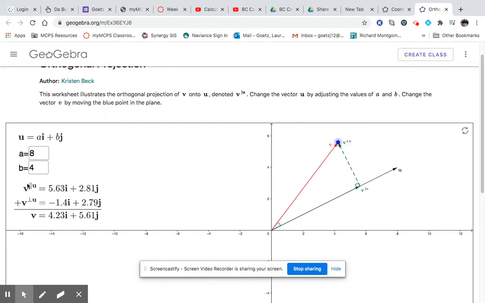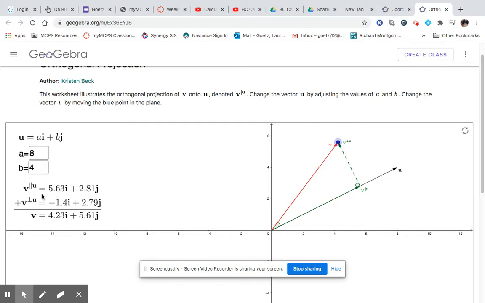And notice that their notation here is the projection of v onto u plus this piece here. Which is just, if this red v is the horizontal component plus the vertical component, well, then the vertical component must be v minus the horizontal.